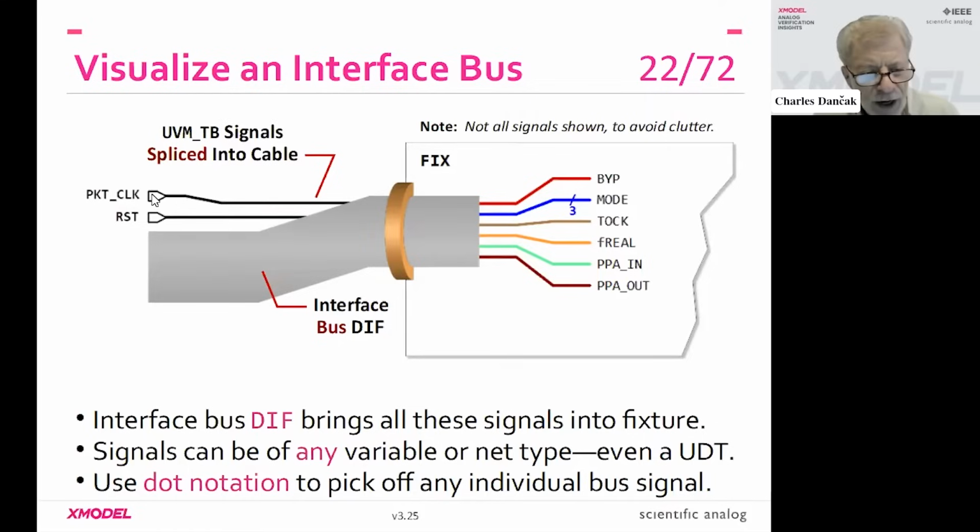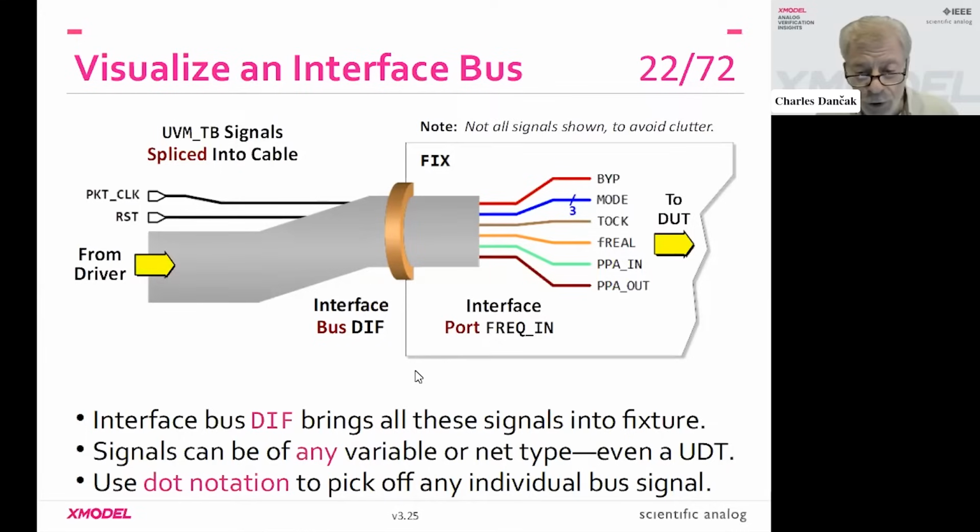We can also splice external signals, which are defined higher up in the hierarchy, like the packet clock and the reset. And so they're all mingled into this interface bus. And inside the fixture, we can refer to any individual signal simply by using dot notation.